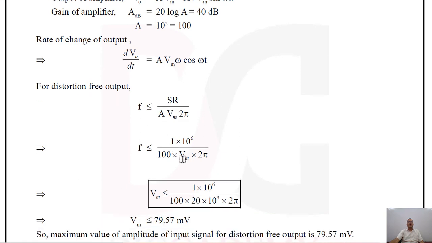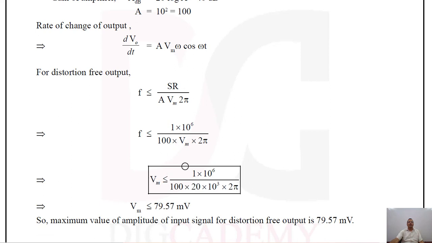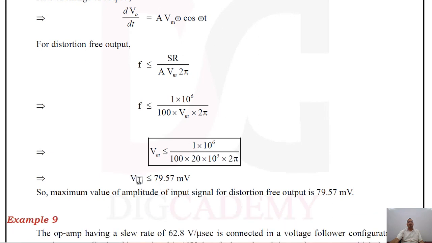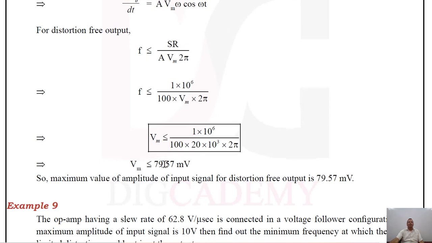Vm will be less than or equal to 79.57 millivolt. So that means the maximum amplitude of the input signal for distortion free output is this much.